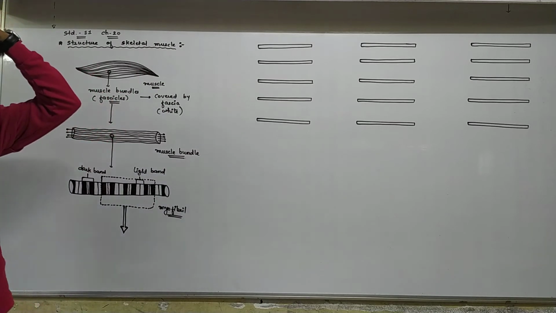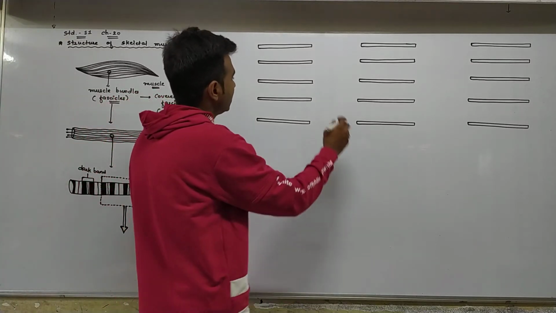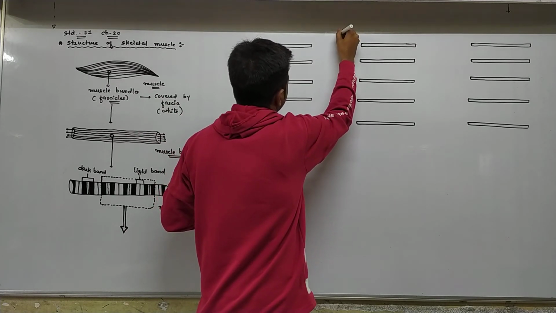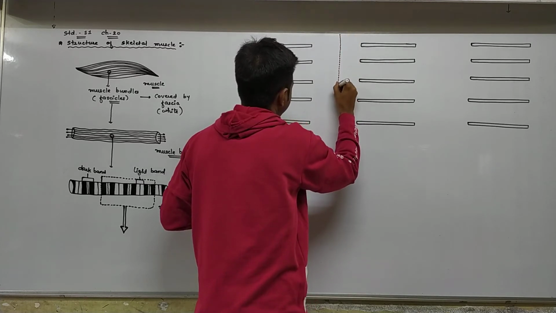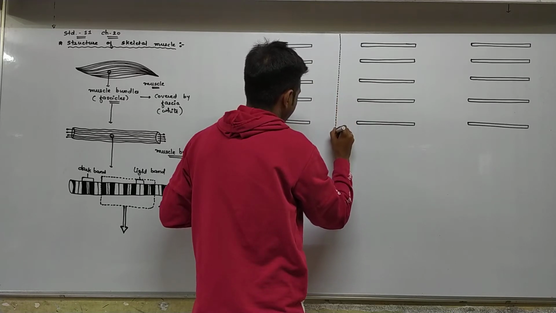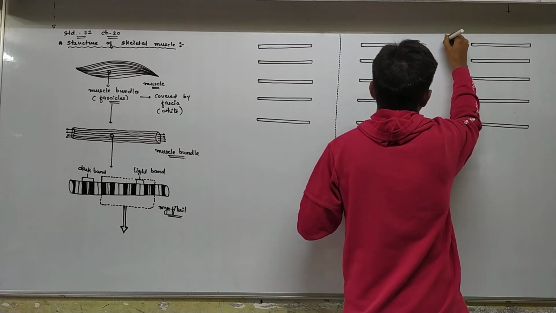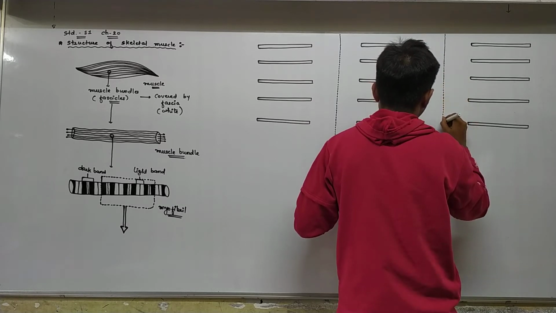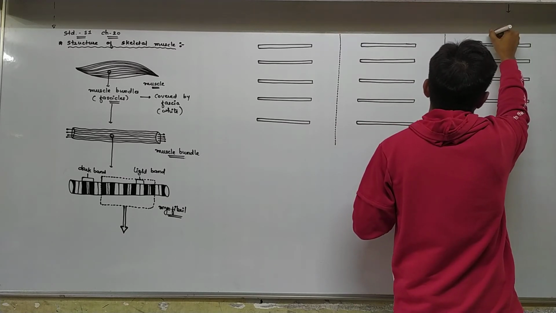Here I have actually drawn three dark bands. Fine. Here this is the light band. At the center of it, one line is there. Here in this centermost portion.